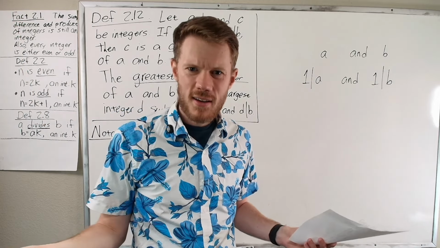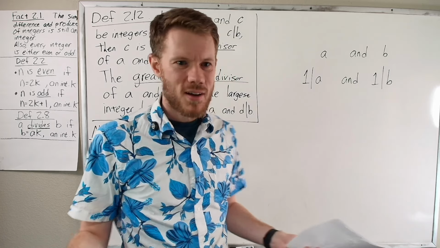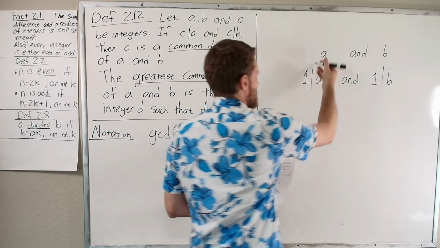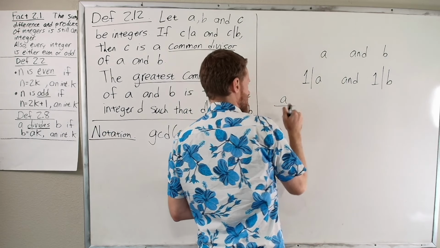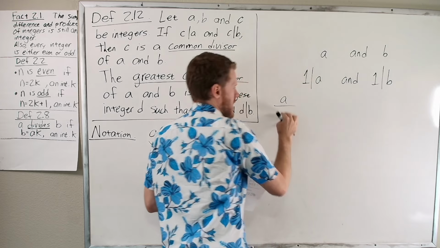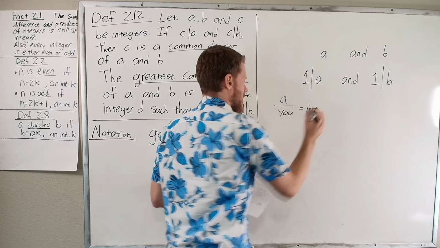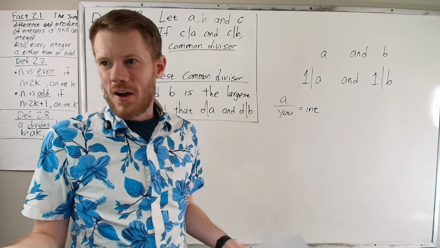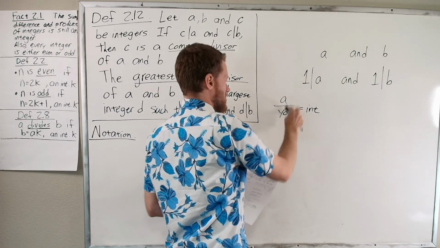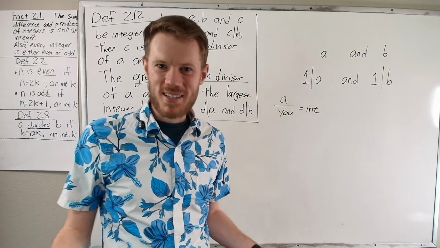Could that happen? Well, again, no, because what does it mean to divide something? How do you divide A? A divided by U has to be an integer, right? So, no, I mean, once the U's get above the A's, it's impossible.